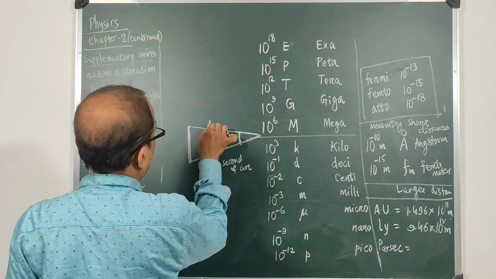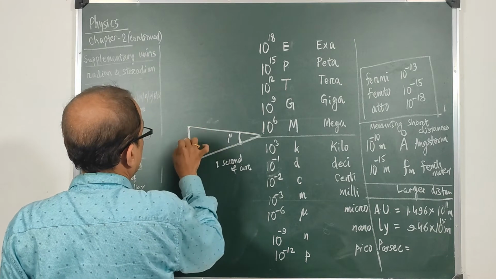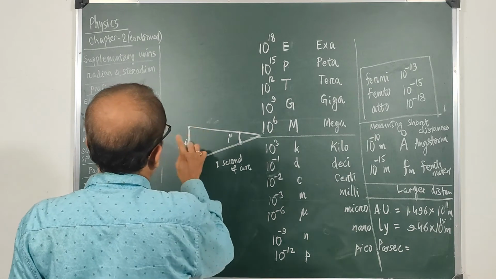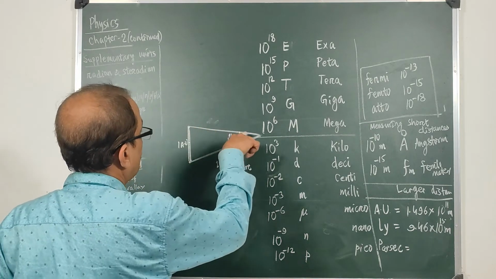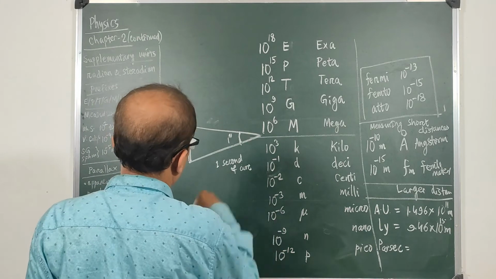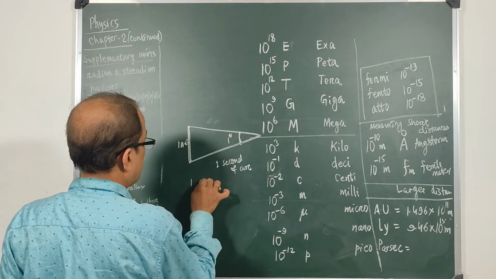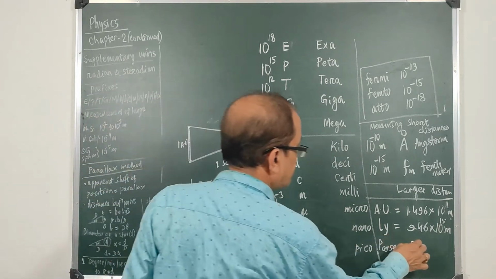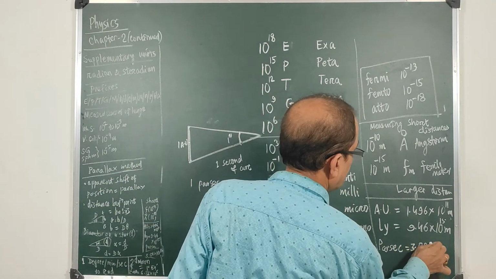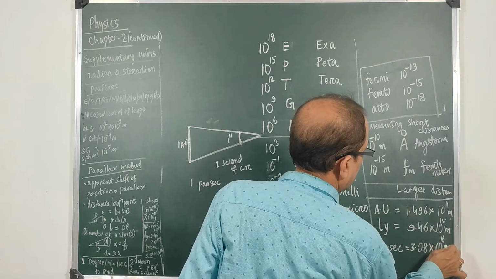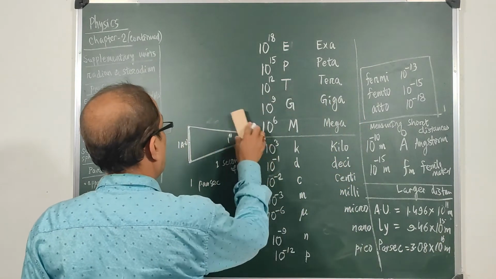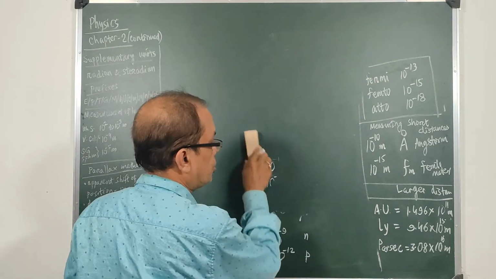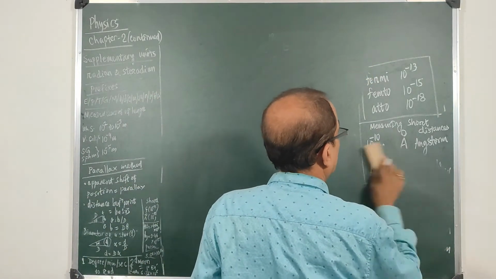Then the distance where this will form 1 second will be called 1 parsec, and this is generally 3.08 into 10 to the 16 meters, the largest of the units we use while measuring anything. So this is about the prefixes, the short measurements and the larger distance measurements.